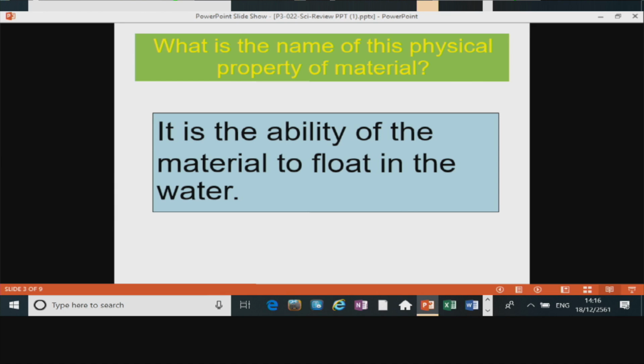Which one was that? Buoyancy, excellent, well done. Remember, if it can float, it has buoyancy. It is the ability of the material to float in the water. Excellent guys, well remembered. Buoyancy.